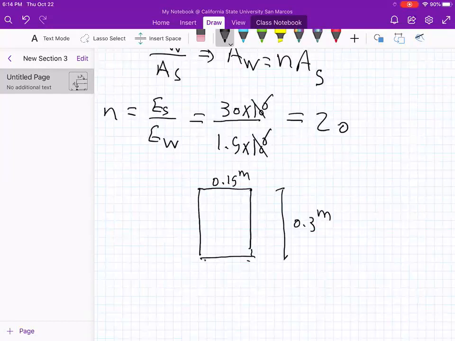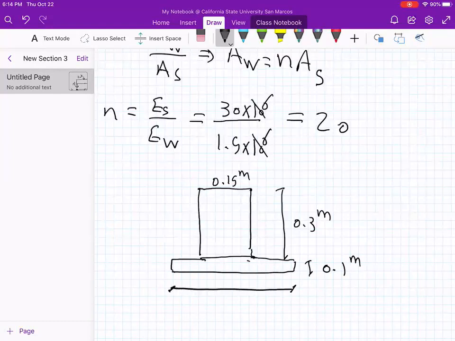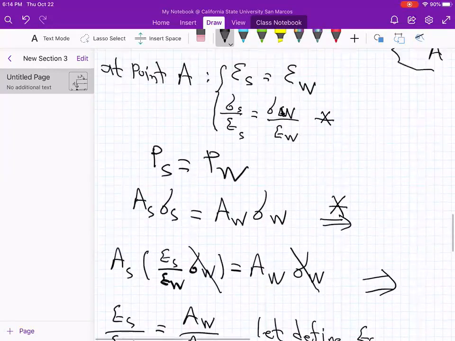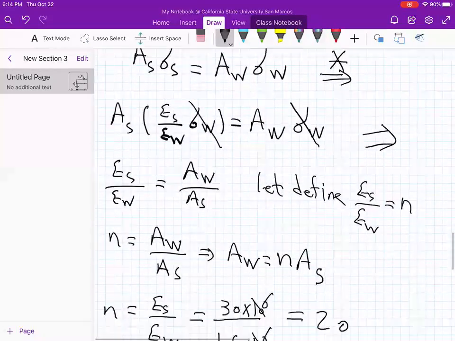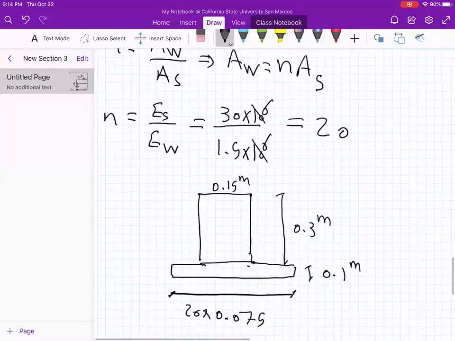And now for the equivalent wood, I just remove that steel, but I keep the thickness the same. But here, what is N? N is 20 times 0.005. 0.005 is a dimension of the steel, right? I just multiply it by 20 to make the area 20 times larger.